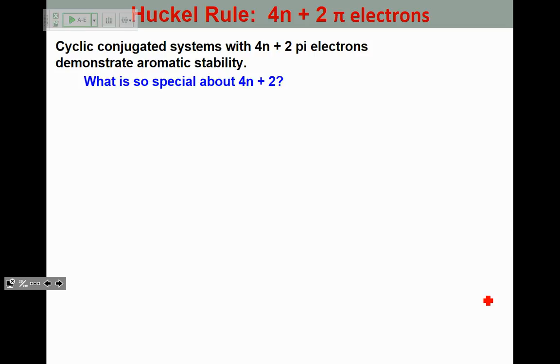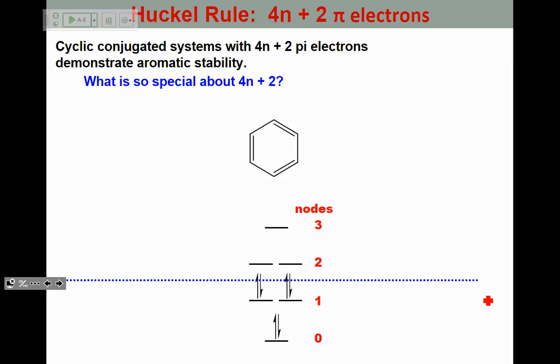What's so special about the 4n plus 2 pi versus cyclobutadiene and cyclooctatriene? Let's look at them. So this is our molecular orbital diagram of benzene. And we already talked about the fact that all of our electrons are paired and in bonding orbitals.